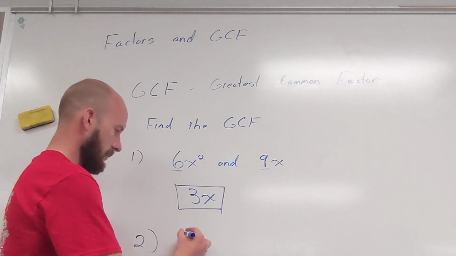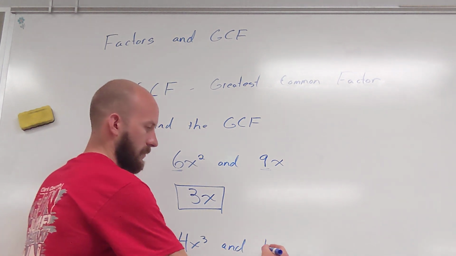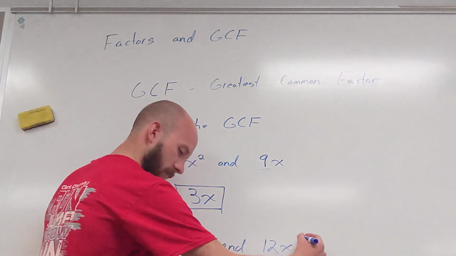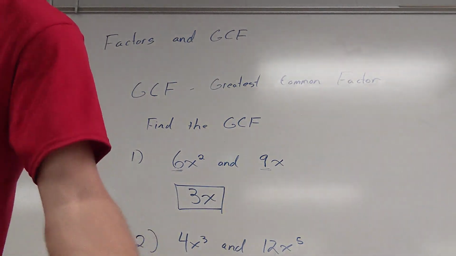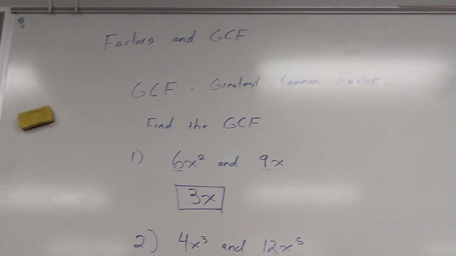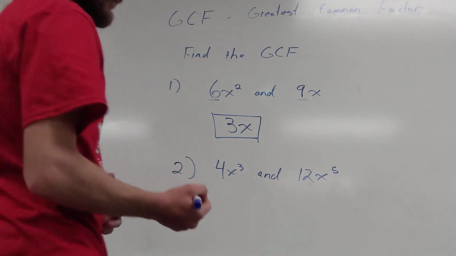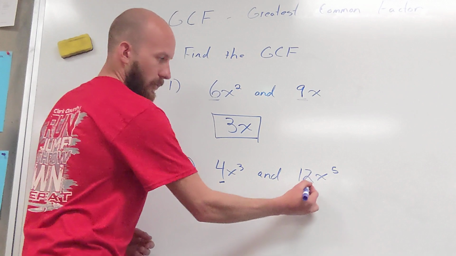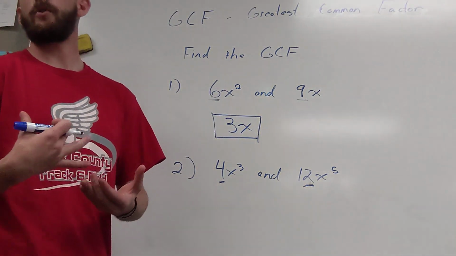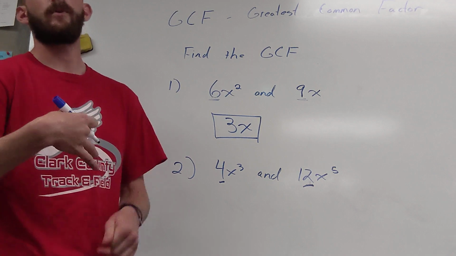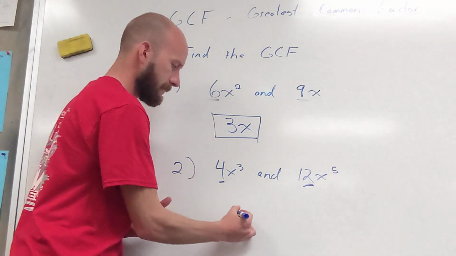For number 2, 4x to the third and 12x to the fifth power. So what I usually do here, I start just looking at 4 and 12, because you guys know how to do that. The GCF of 4 and 12, the greatest common factor, would be 4, right? Is everybody okay with that?